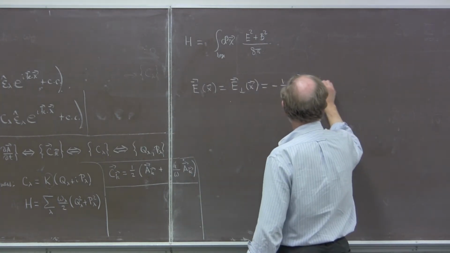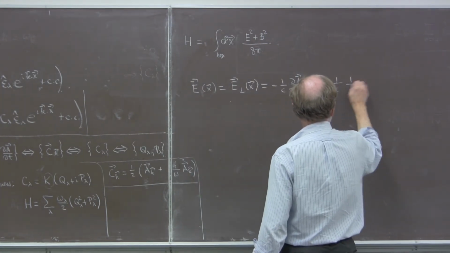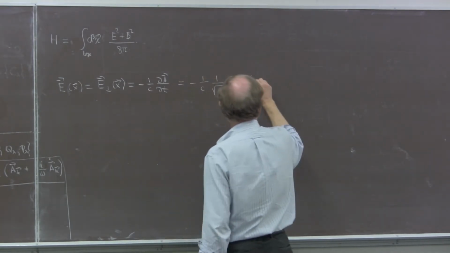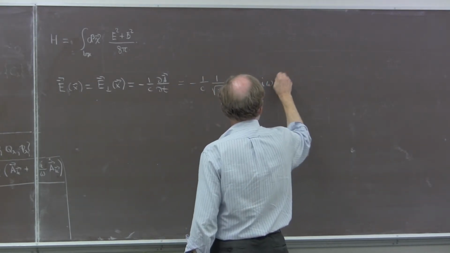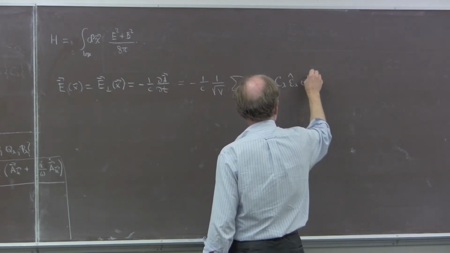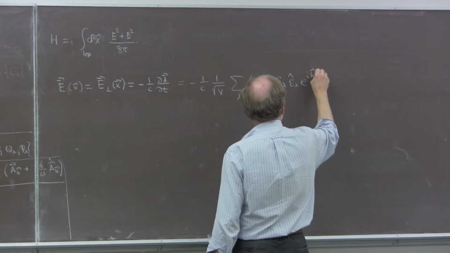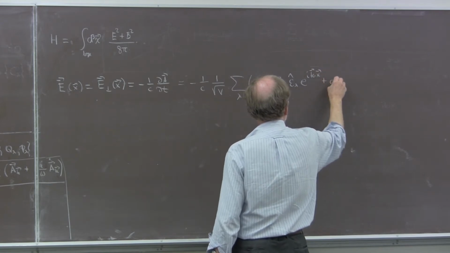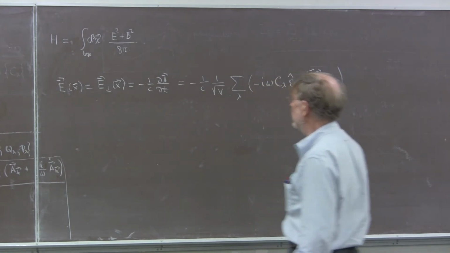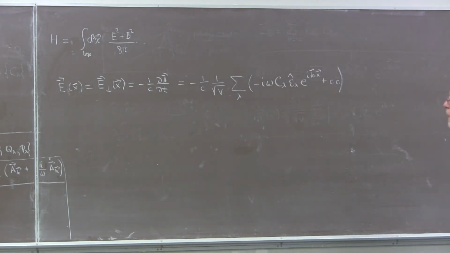It's going to be minus 1 over c, 1 over the square root of volume V. We have the sum over modes lambda. We have minus i omega mode amplitude c lambda, polarization vector epsilon hat lambda, e to the i k dot x plus complex conjugate. I'm mainly just copying the dA/dt series and multiplying by minus 1 over c. Anyway, that's the electric field.